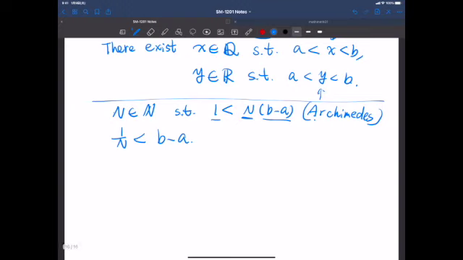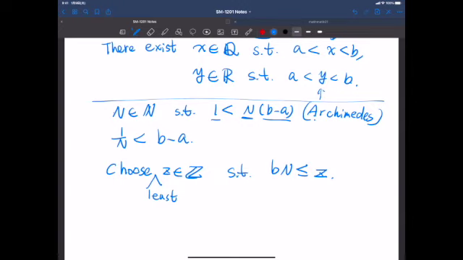Okay, and next we choose an integer. Actually, the least integer z such that bn is less than or equal to z.